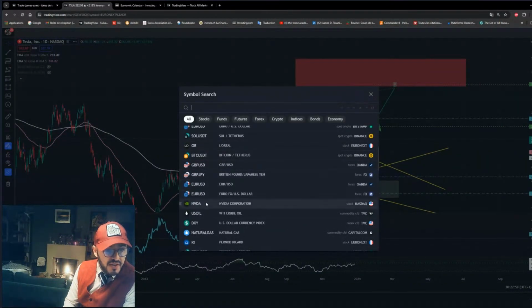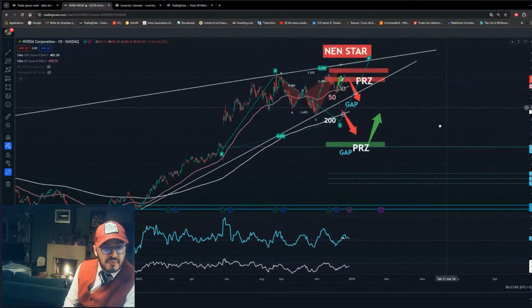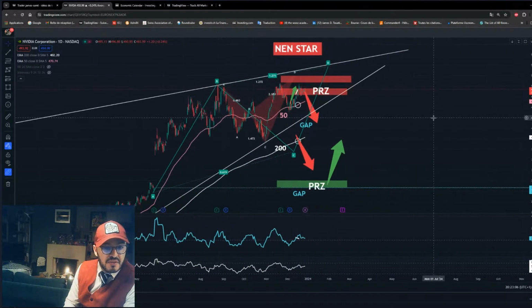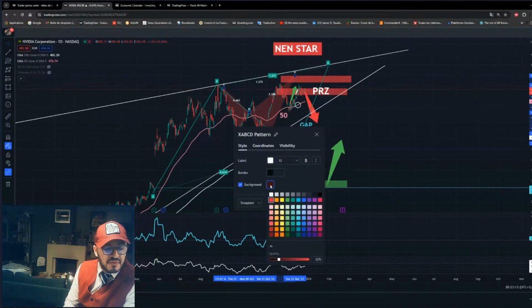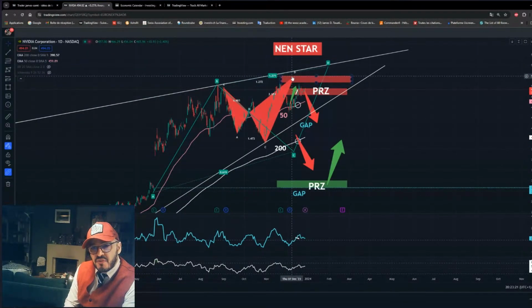So now we go on to NVIDIA. NVIDIA, same ABC pattern, fantastic. It's a Nen star here, and the Nen star is still valid. I'm going to make it a bit more shining here, like this. So we are here. The top of the PRZ is here, 519.